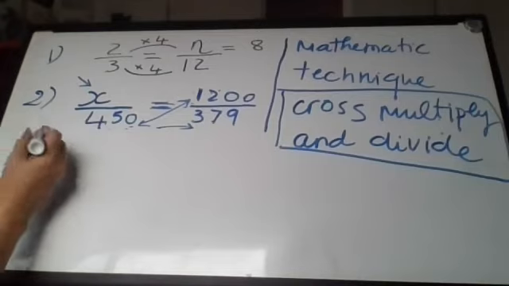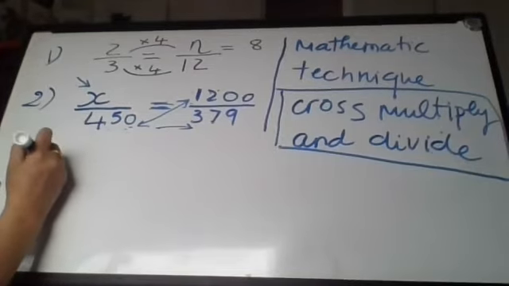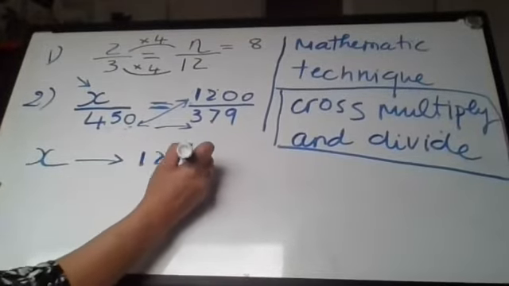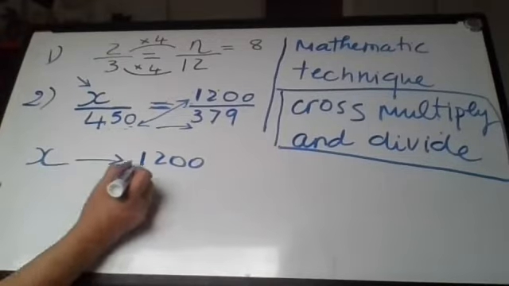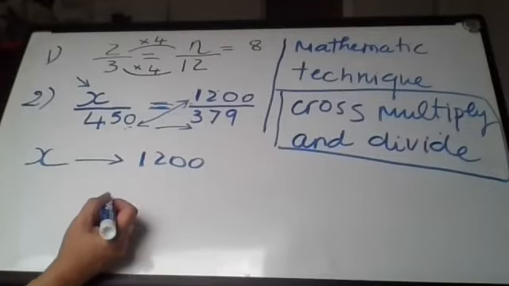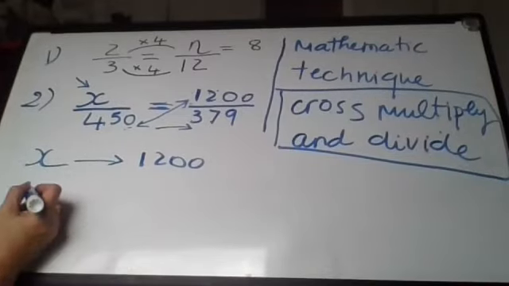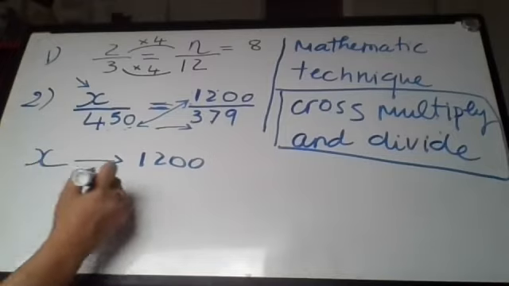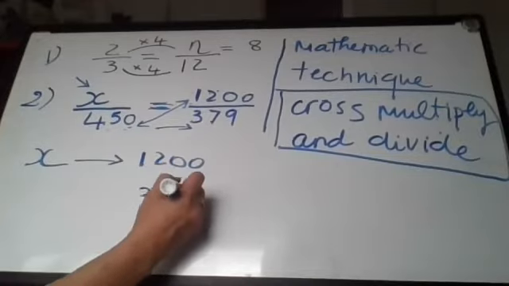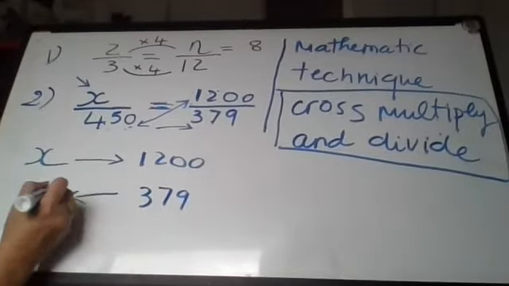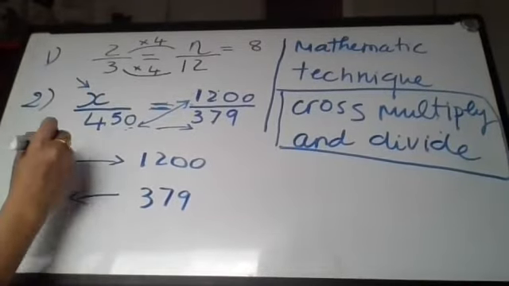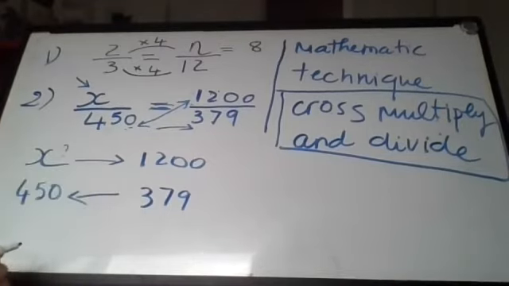So you can say, if x represents the 1,200 number, and 379 represents the number 450, then what is the x here?